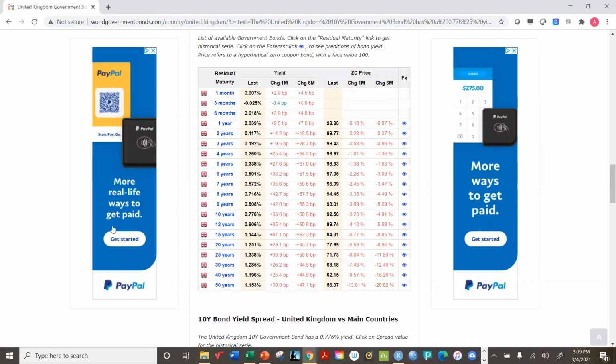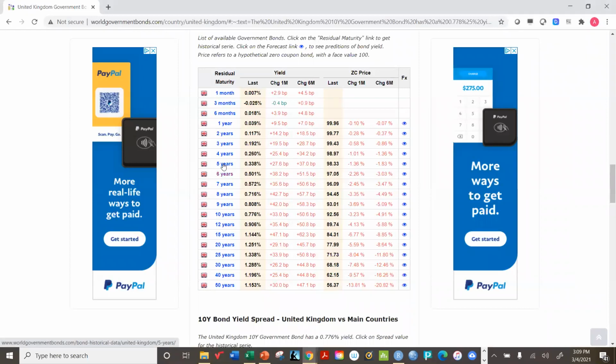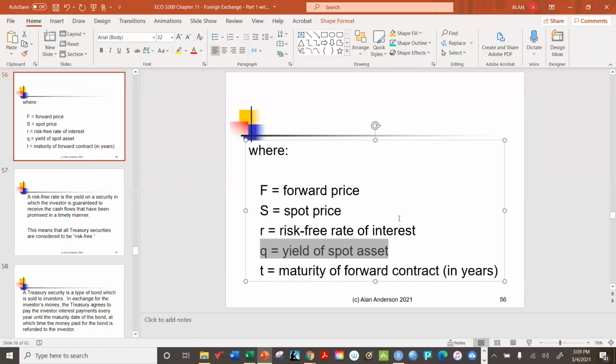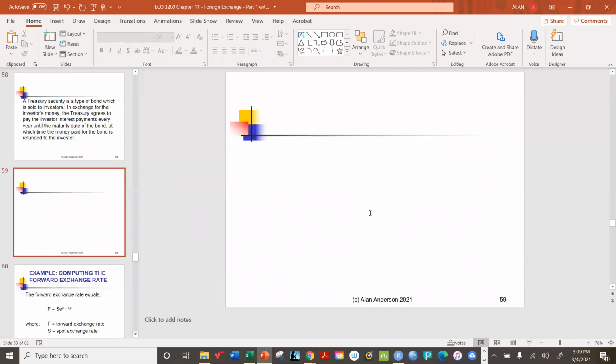So if we were looking at the dollar and the pound exchange rate in this formula, the yield of the spot asset means the risk-free rate, let's say for 6 months, would be 0.018%. And so that, along with the maturity of this contract, would tell us what is the proper forward exchange rate between the dollar and the pound.